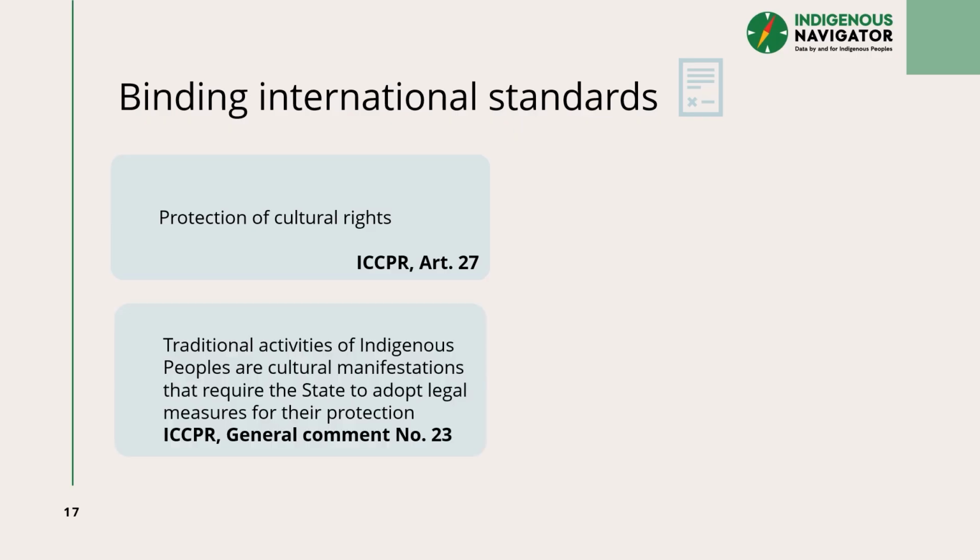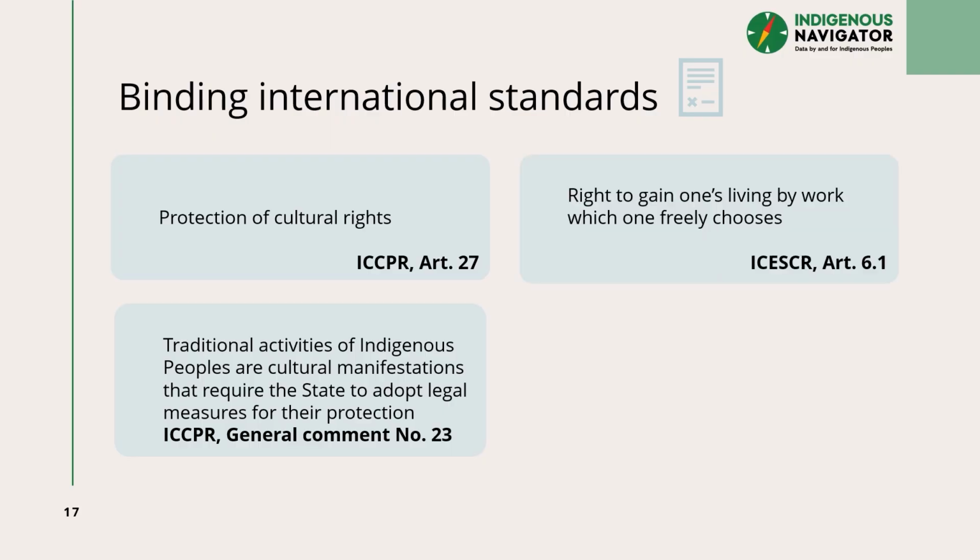The Committee on Civil and Political Rights General Comment No. 23 on the Rights of Minorities, which recognizes that traditional activities of Indigenous peoples, such as fishing and hunting, are cultural manifestations that require the state to adopt legal measures for their protection, and the International Covenant on Economic, Social and Cultural Rights, or ICESCR, which guarantees the right to gain one's living by work which one freely chooses, Article 6.1, and prohibits forced or compulsory labor, Article 3a.